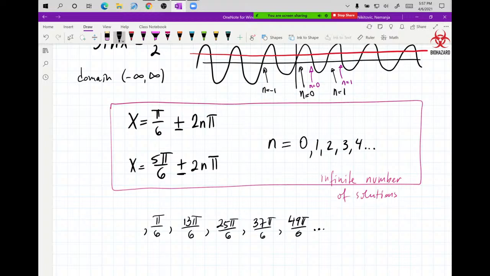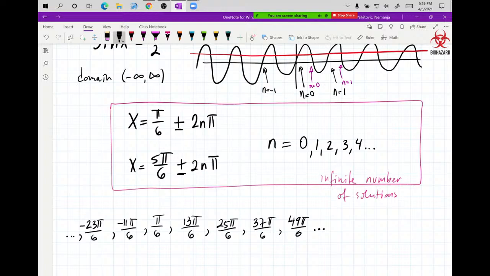And that's going to go forever. And it also goes forever to the other side. Negative 11 pi over 6, take away another 12, negative 23 pi over 6, take away another. So you can see that this never ends.